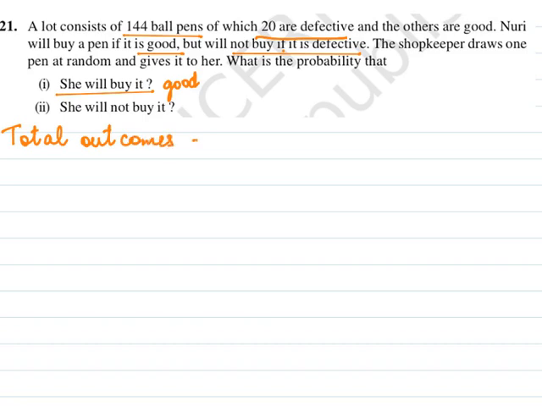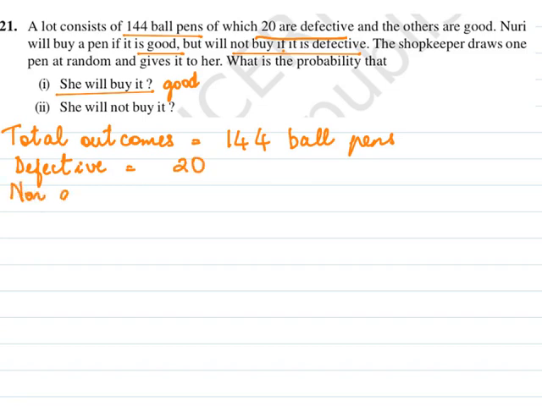So first we have total outcomes. The total outcomes is 144 ball pens. Out of these, defective are 20, which means the non-defective will be 144 minus 20, which is 124.